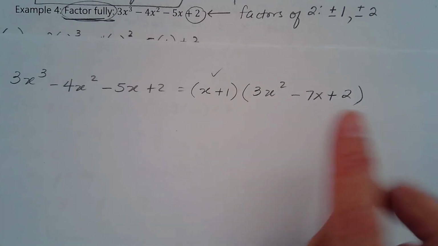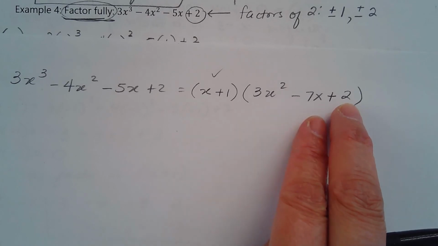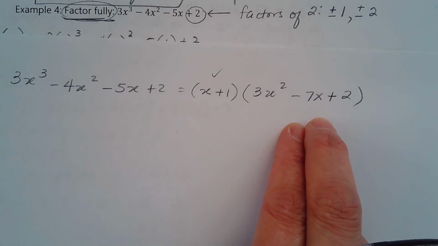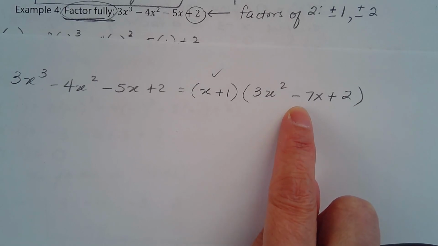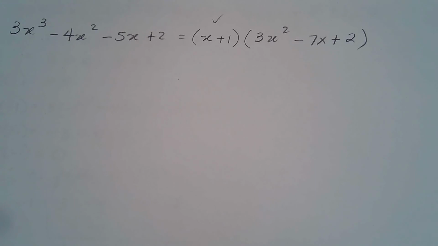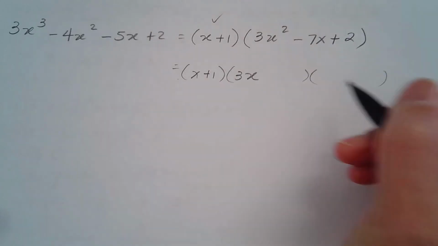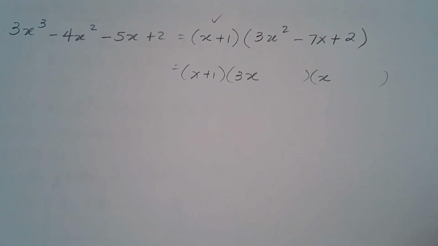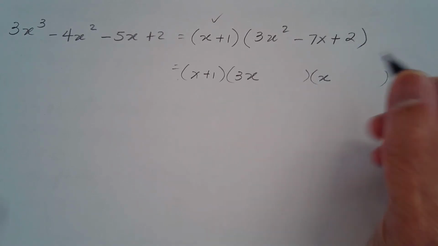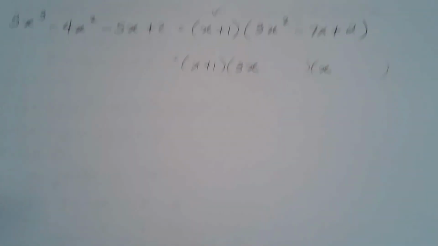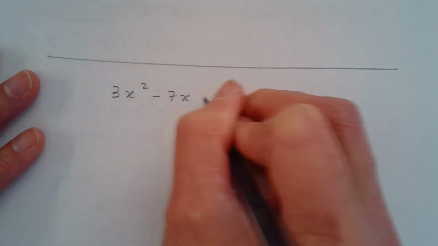How do we factor a trinomial? Multiply the first and last coefficients together, that's going to give us 6x squared, 6, that will add up to negative 7. So 3x squared minus 7x plus 2.